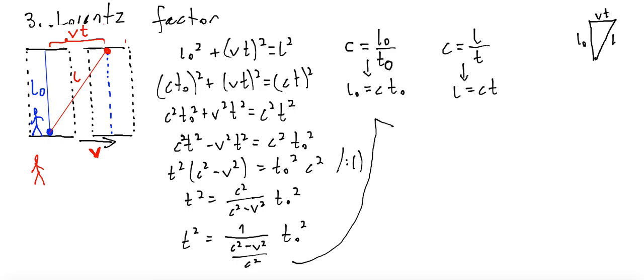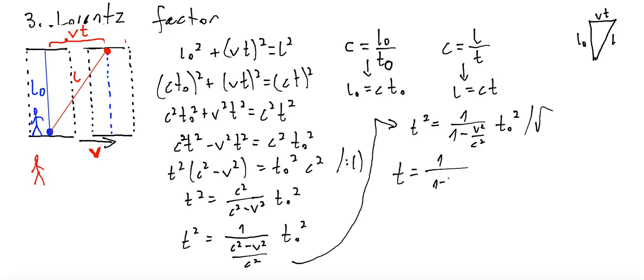I'm going to continue here. So t squared is equal to 1 over 1 minus v squared over c squared, times t0 squared. And the last step, the square root of this, and we have the relation between the time measured by the observer who is outside and the time measured by the observer who is inside.